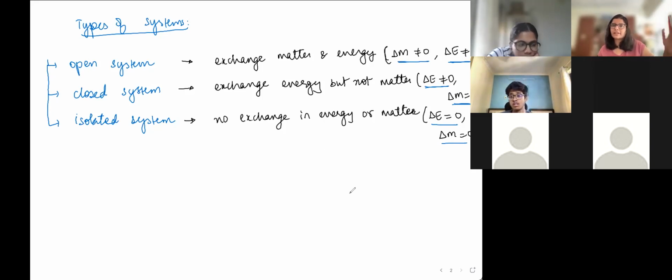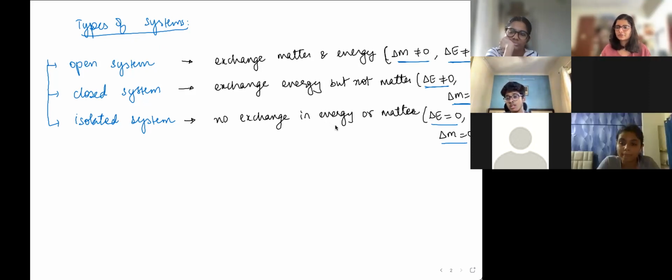You can have it vacuum lined with reflective surfaces, so that by conduction, convection, radiation, heat is not given out. From your everyday life, if you had to imagine it, a closed thermos flask: you can't add anything when it's closed, and since it's a thermos flask, there will be no energy exchange either.